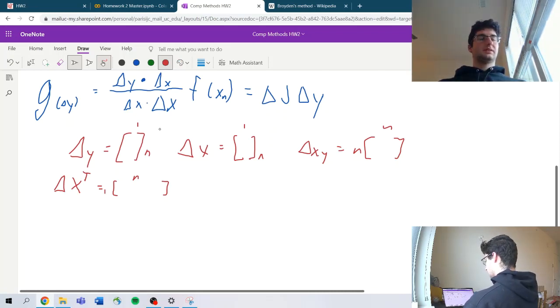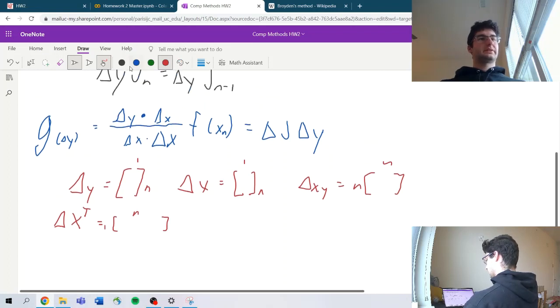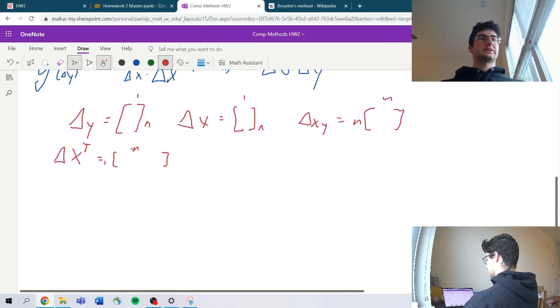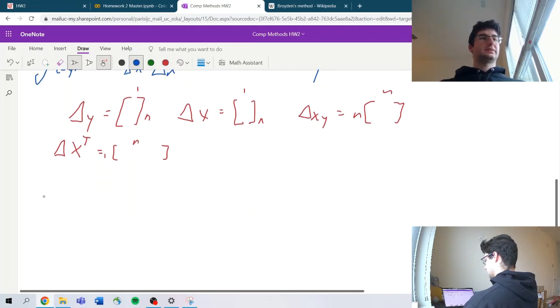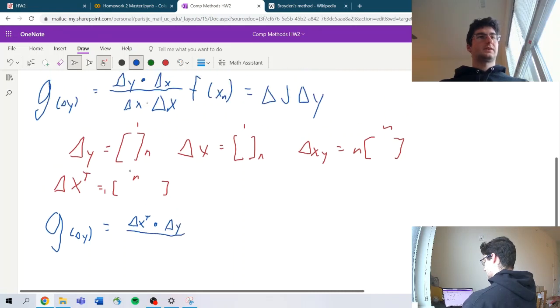So what Broyden did was he took this here, flipped these two and then transposed this. So then our updated G delta y is going to equal delta x transposed dot product delta y, all divided by this delta x times delta x.